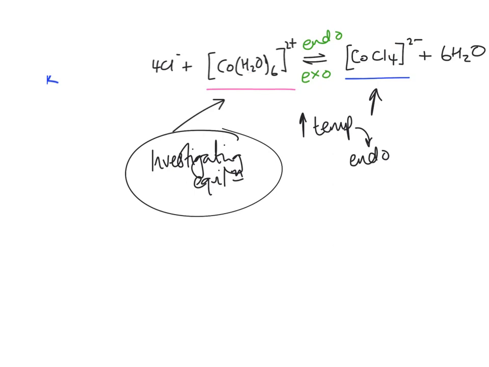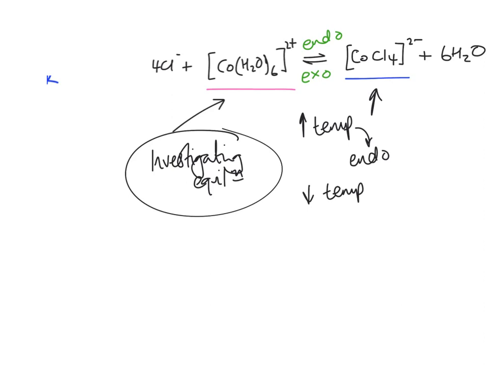To prove this, if we use the conditions of decreasing the temperature by putting a test tube of a solution in ice cold water, then what would happen, we imagine, is a pink complex is formed because this is exothermic. So the reaction is trying to warm the system back up by going the exothermic reaction.